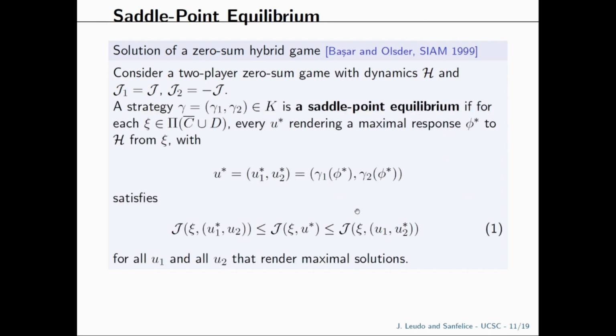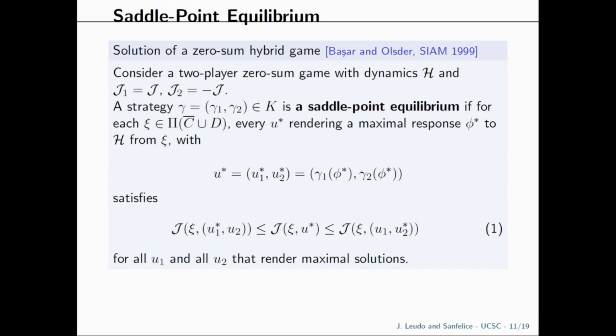So we say that a feedback law gamma is a saddle point equilibrium if for each initial condition, every input action defined in terms of such a feedback law satisfies equation 1. So the cost when both of the players play the equilibrium strategy will be greater than when only player P1 selects the equilibrium strategy, and will be smaller than when only player P2 selects the equilibrium strategy.